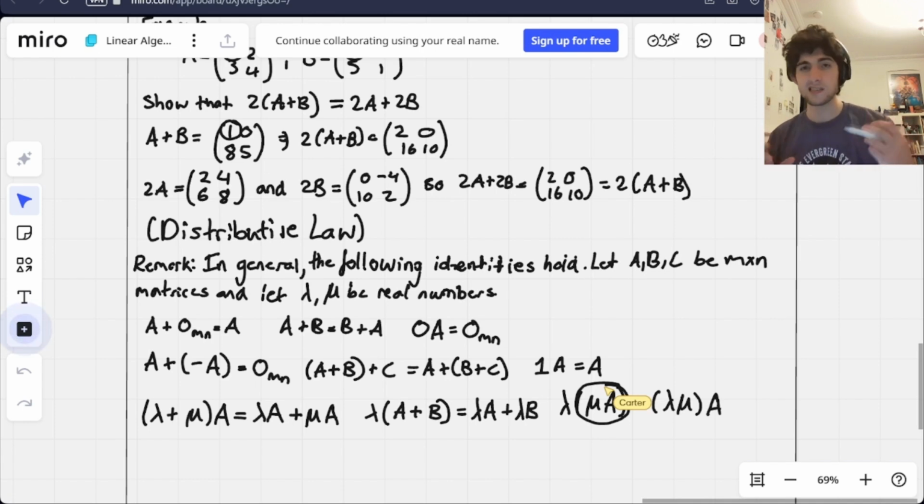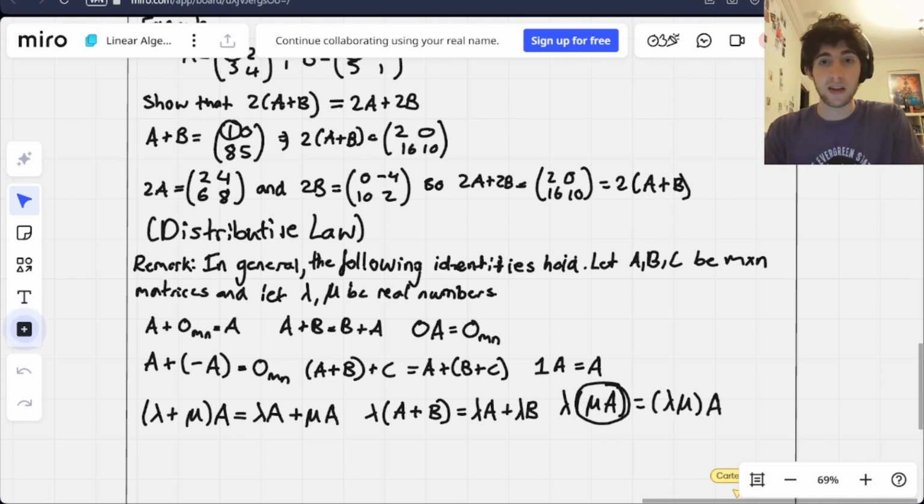And that makes sense, right? Because if I multiply a real number by mu and then by lambda, it's the same as if I multiply a real number by mu lambda. So that there is, again, coming straight back to how the real numbers are working, because every entry in the matrix is just a real number. We have basically just been defining everything in terms of how the entries of matrices are interacting. So these rules just basically come straight from that.